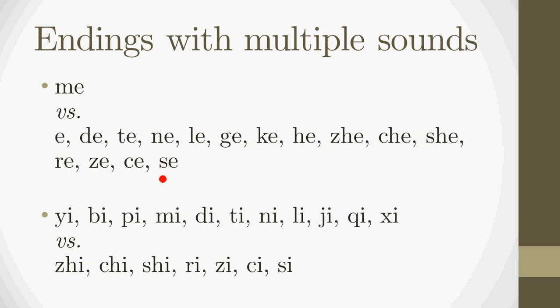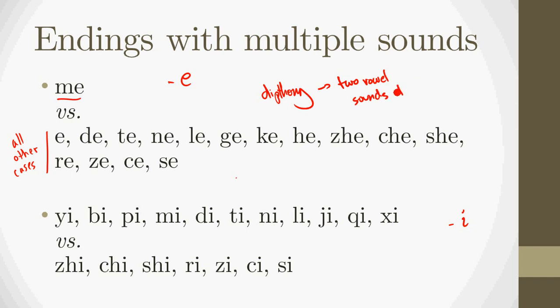There are a couple endings that have multiple sounds, specifically the E ending and the I ending. Okay. When the E is preceded by an M, we get the sound M. Okay? In all other cases, we say E as which is actually what's known as a diphthong, meaning that there are two vowel sounds tacked together.